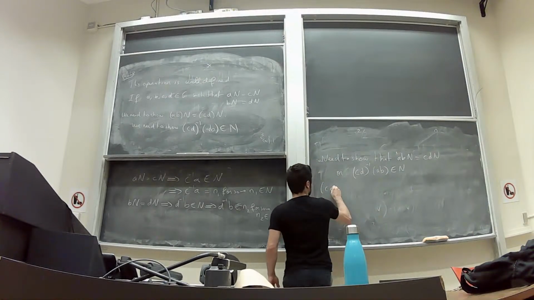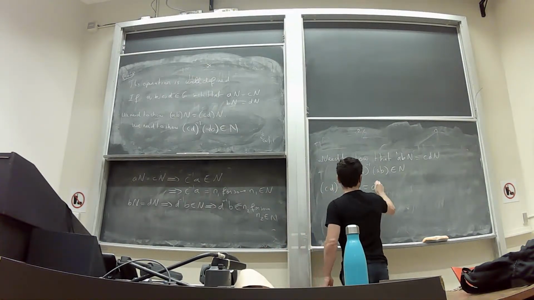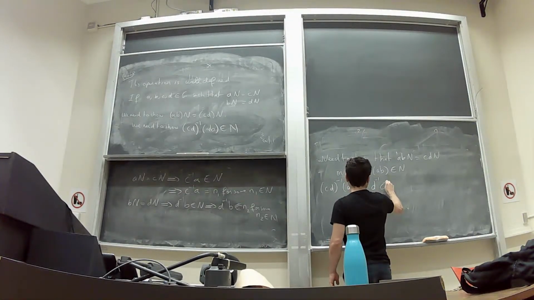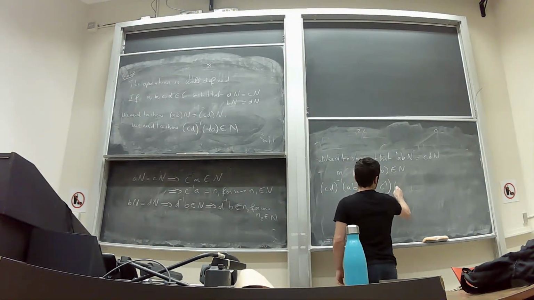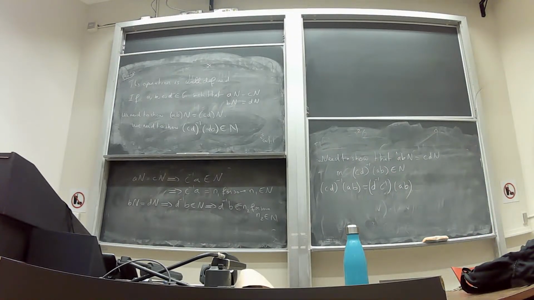So let's look at this. CD inverse times AB. What is that equal to? This is D inverse, C inverse, times AB. Right? Everybody? Are we good? Great. What can I do now?